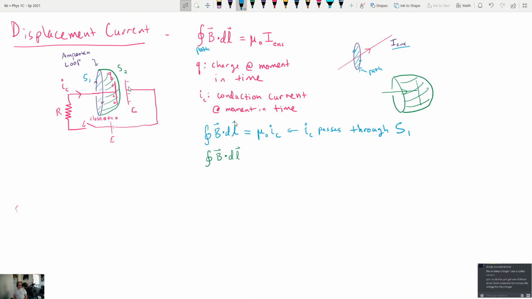I was being kind of lazy when I wrote that down. When we do the integral of B dot dl, now what we're going to get is 0, because no current flows through S2. Would you all agree?